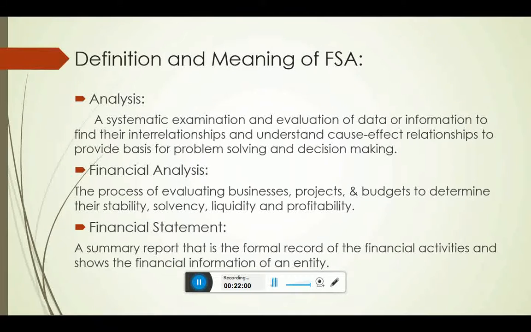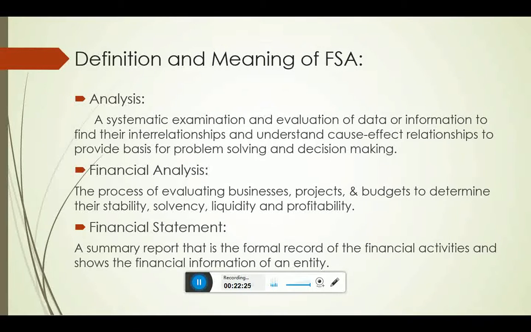This financial report is a formal document, a formal record of an organization, and this formal record shows us the financial activities and financial information of a specific company. Each company is required to report its financial activities and information once a year with the help of financial statements.